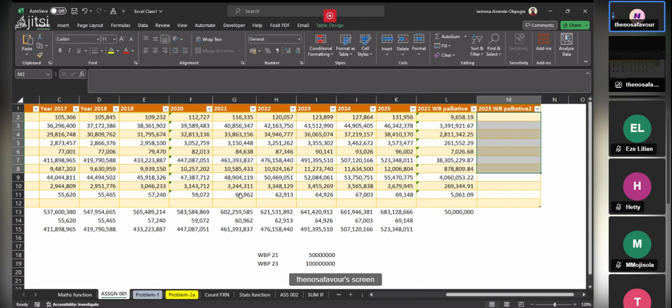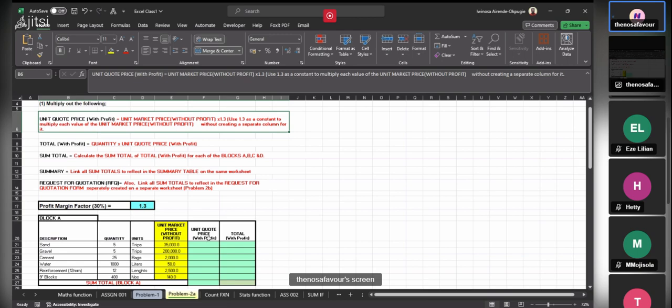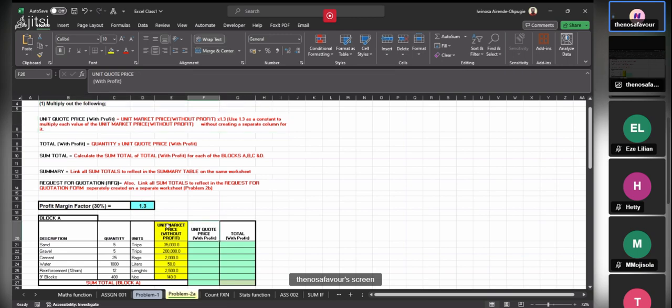We wanted to add 3.2 to the previous year. But in this case, with profit, we already understand that the profit margin factor is 1.3. And here we've already been told that to get this, it will be unit market price without profit times 1.3.